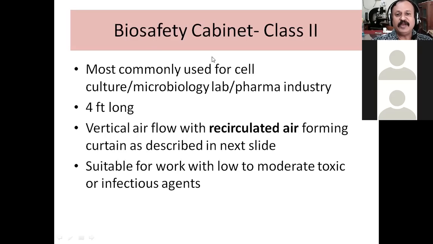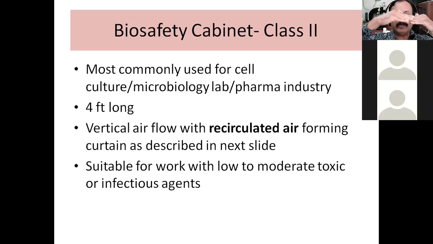Coming to biosafety cabinet class 2, let us see its important features. This is a vertical airflow system, but remember, it has recirculated air. Air flows inside the cabinet from the ceiling of the cabinet down to the working surface in the form of a curtain.